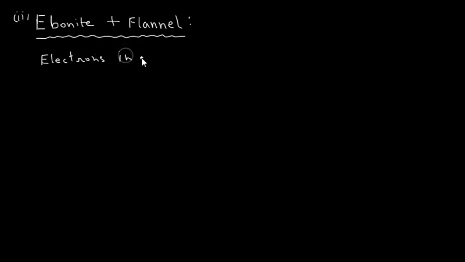Electrons in fur are loosely bound in it, compared to the electrons in ebonite.